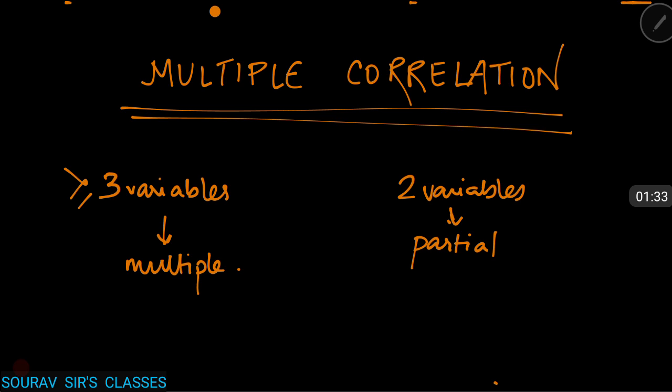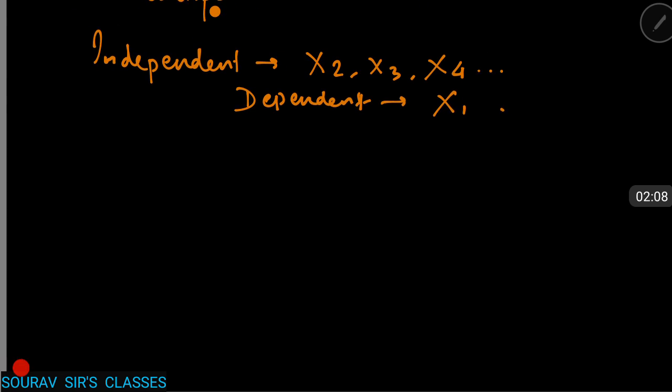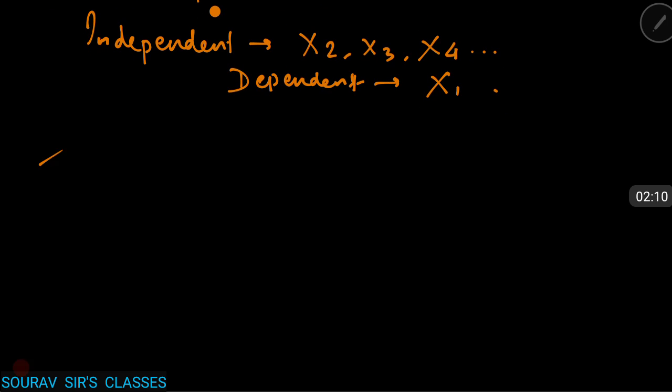The dependent variable is indicated by capital X1 and the independent variables by X2, X3, X4, and so on.